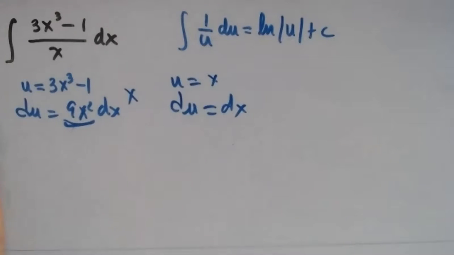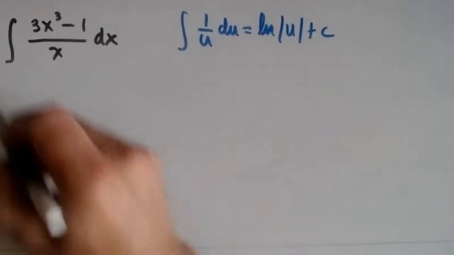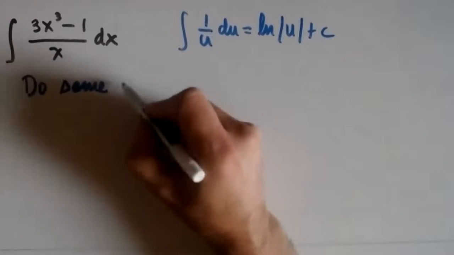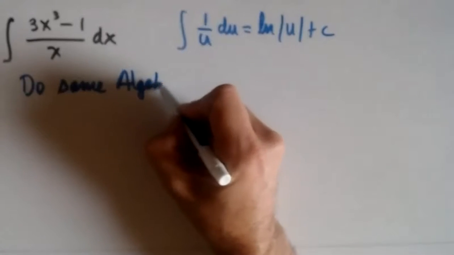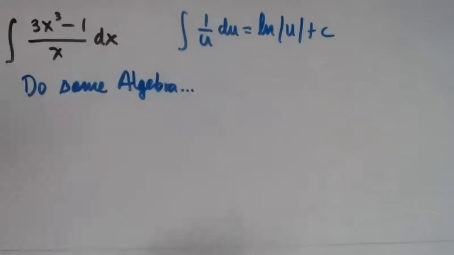So the only thing I can do is some algebra. I have to do some algebra before trying to apply this expression. Then I have to remember my algebra 1, right?